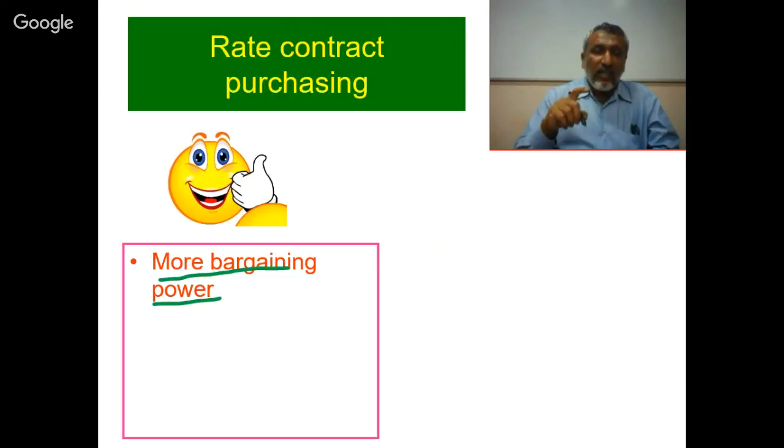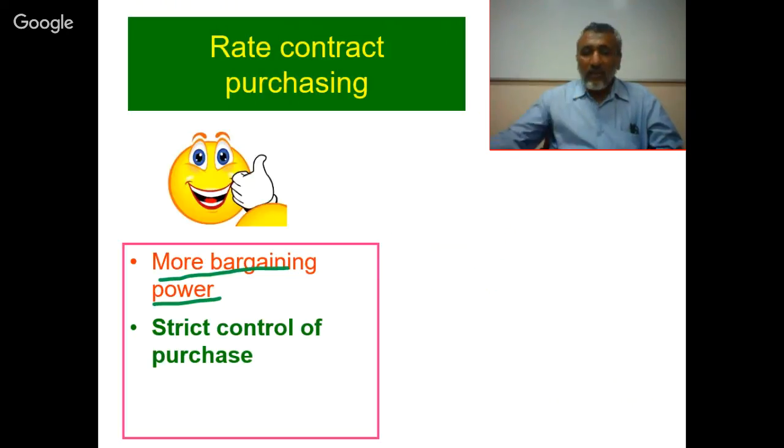That is, the bargaining power will ensure that the company can buy at a much lower rate than in the market. And there can be strict control over the purchase, as the quantity as well as the time of supply are well known in advance.